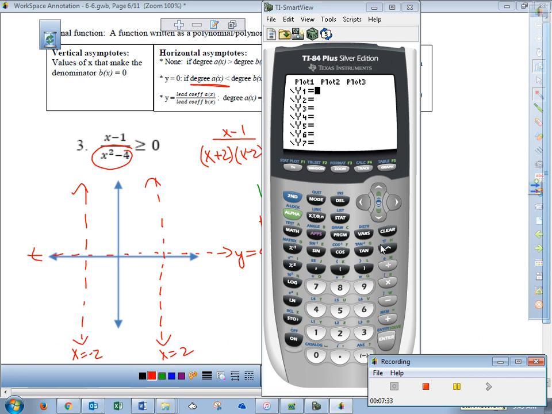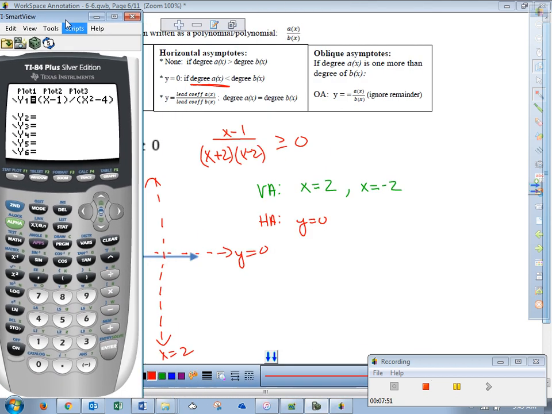These parentheses. You got x minus 1, divided by x squared minus 4. Got to change our window back to zoom 6, right? Because then we move it around.